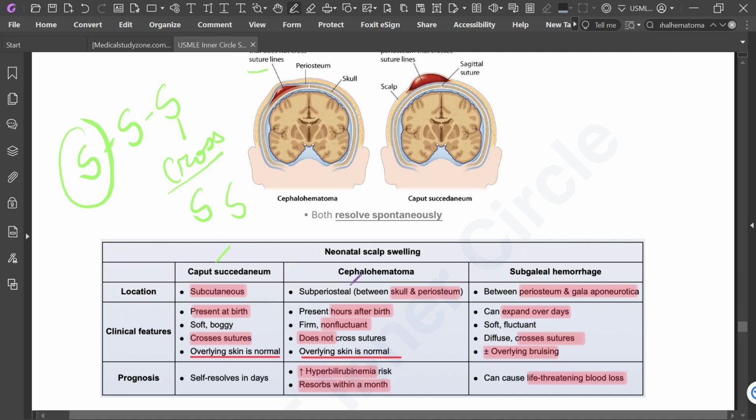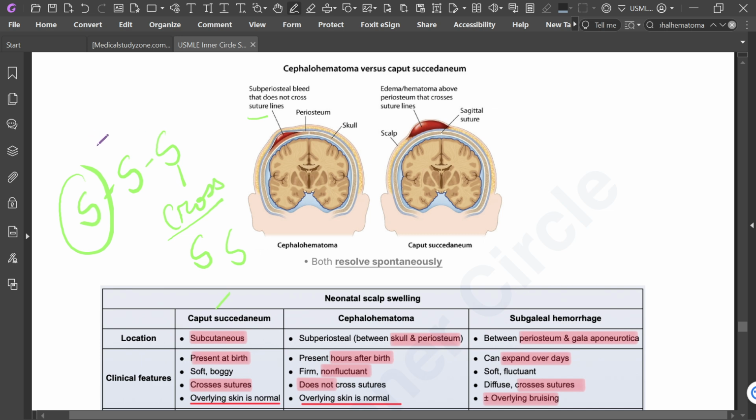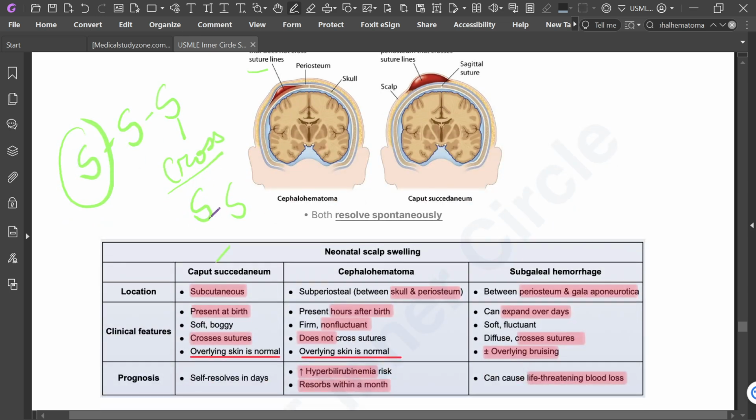So cephalhematoma does not cross the suture line. It is non-fluctuant, and the overlying skin is normal. And in cephalhematoma, what happens?